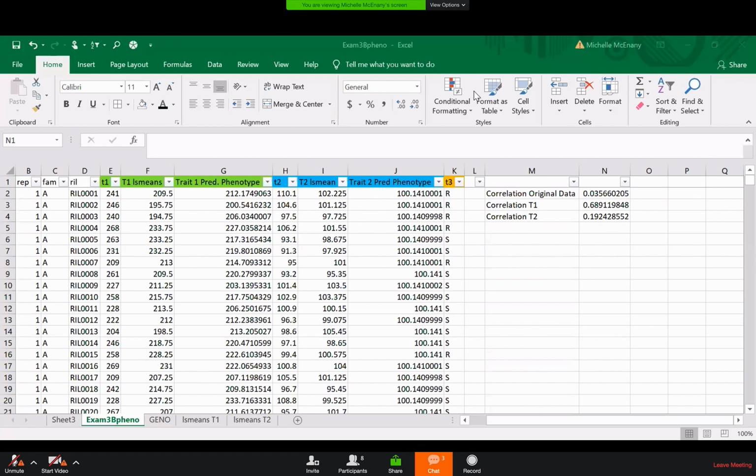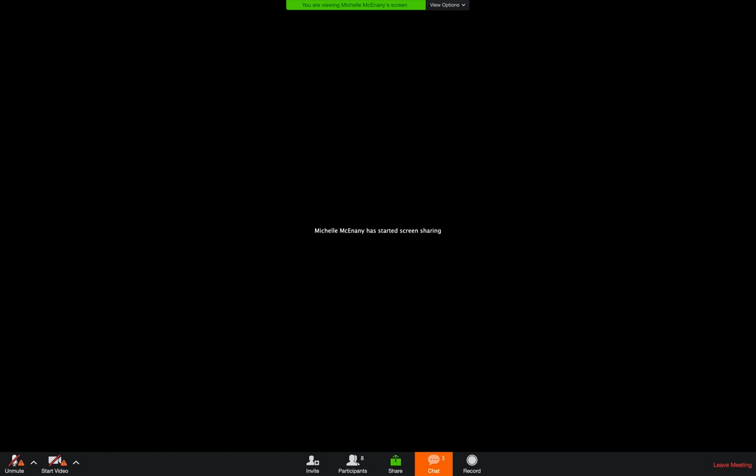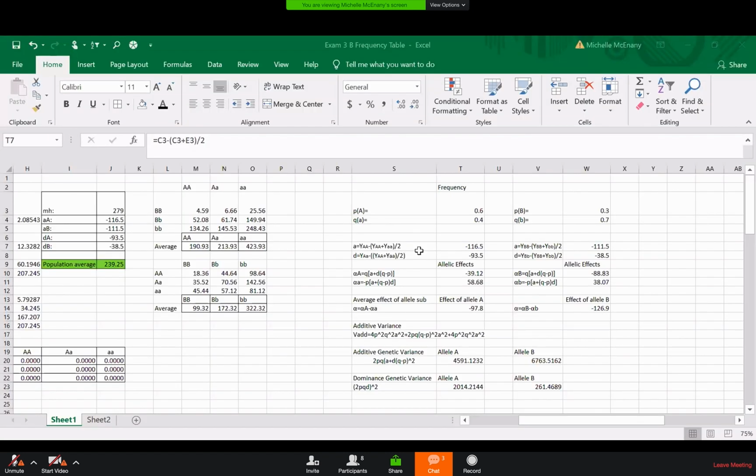Oh, that's not the blue one again. Let's see, too. So yeah, this is what we updated it to, and then yeah, negative 39.12. Okay. Yeah. Okay, so just so this was the change.